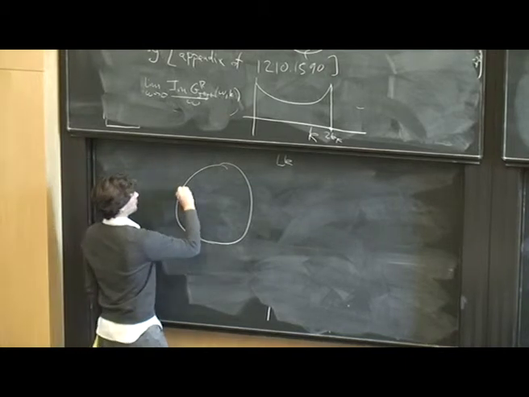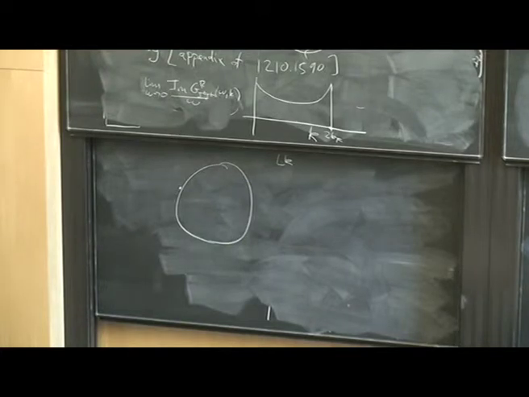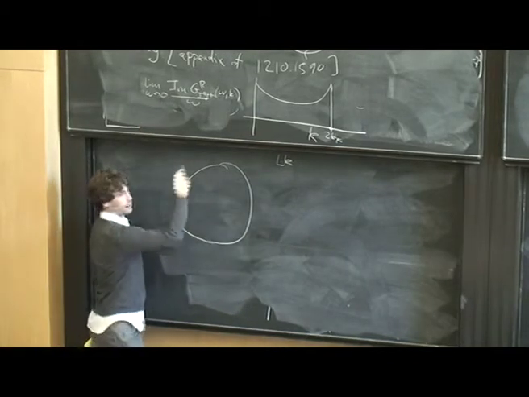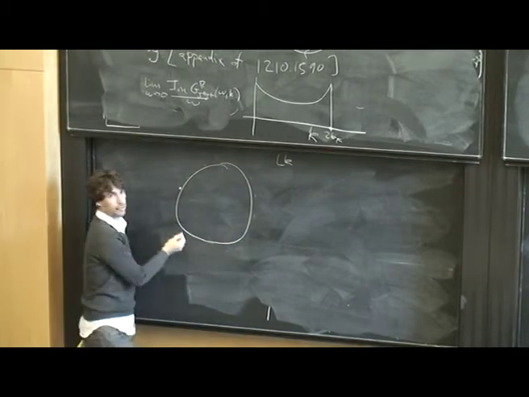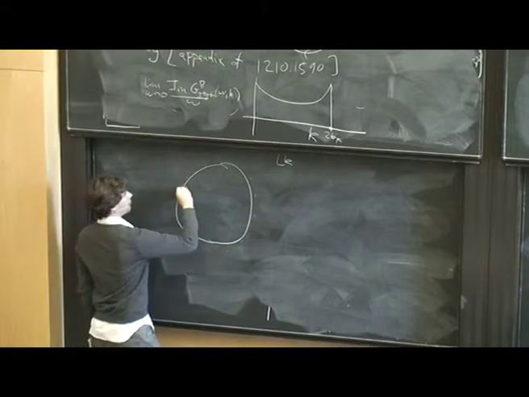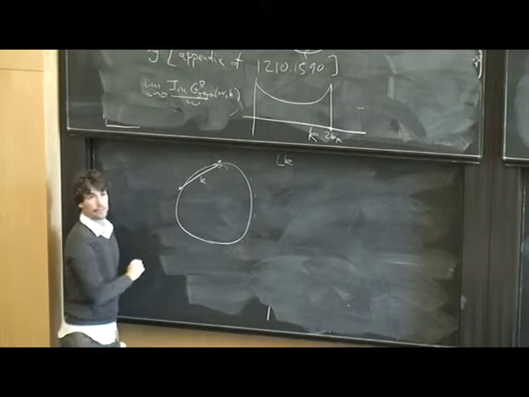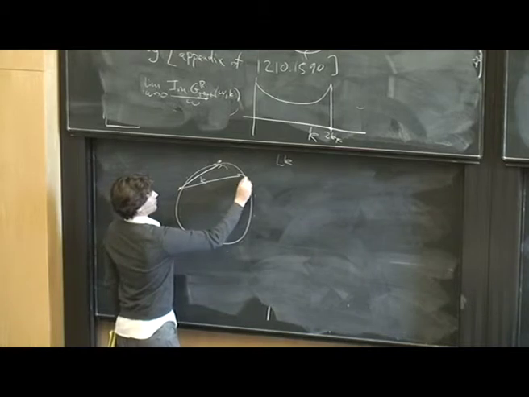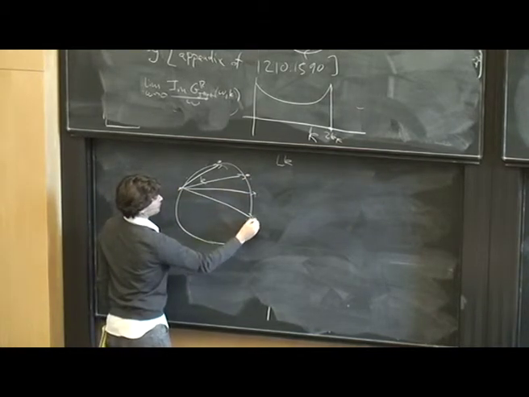But we want to move it without it costing any energy, because we've taken the low energy limit. So where can we put it? Well, all the low energy excitations live on the Fermi surface. So we can take this charge and move it here, for example. That would be k, and that costs no energy, because all the fermions on the Fermi surface are zero energy. Or we could take it here, or put it there, or put it there.